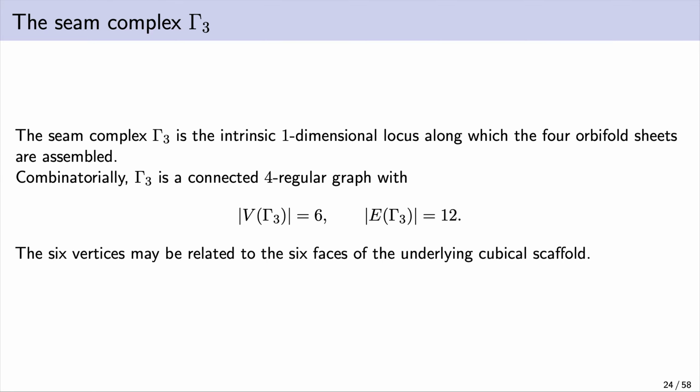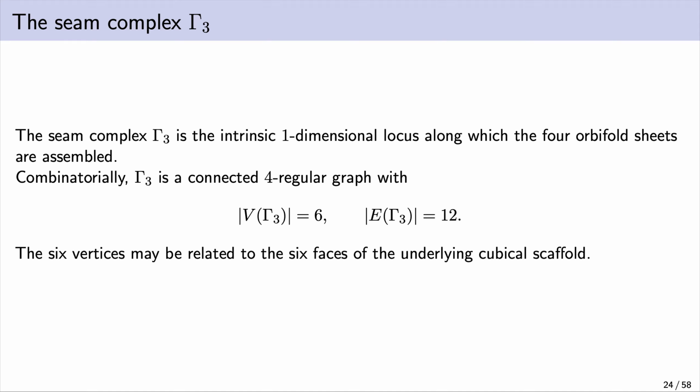The seam complex gamma 3 is a very interesting part of this: it's a one-dimensional intrinsic locus where these four orbifold sheets come together and are assembled and glued.